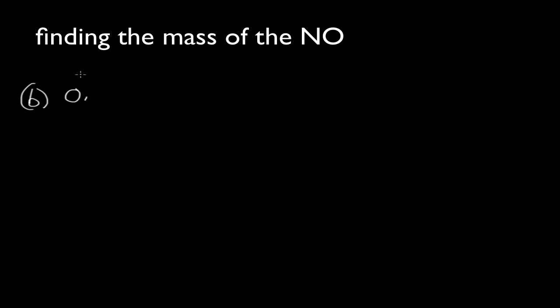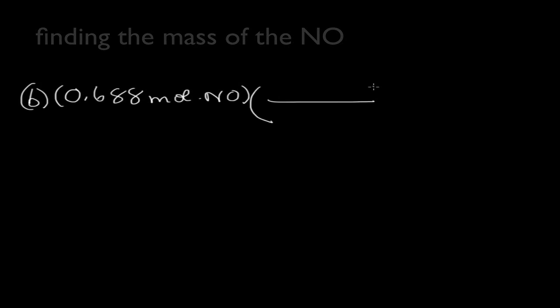Now the mass of the NO. Well, we've already found that the moles of NO are 0.0688. That's moles of NO. So we can easily convert that to mass using the molar mass.